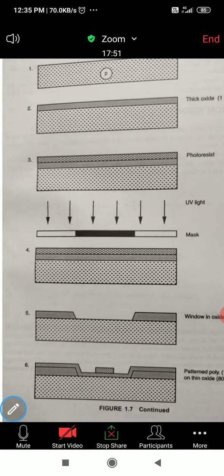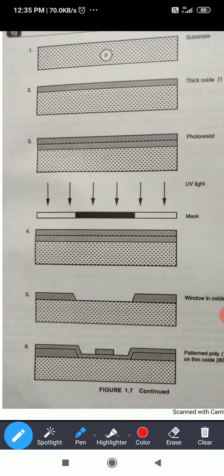Here, if you see the first step, we'll take a wafer, that is, we will take p-type substrate, that is called a wafer.